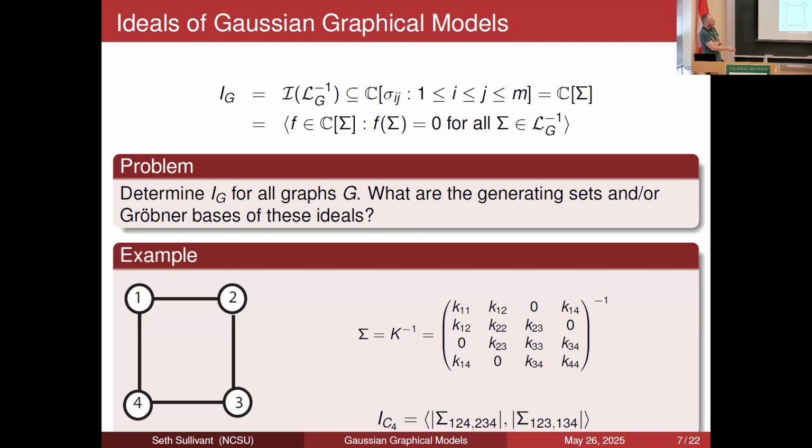So one of them is you take your covariance matrix, which is a 4x4 matrix, and you look at the submatrix where you take rows 1, 2, and 4, and columns 2, 3, and 4. Take the determinant of that 3x3 matrix. And then for the other generator, you take rows 1, 2, and 3, and columns 1, 3, and 4. Take the determinant of that. And those are the generators of this ideal.